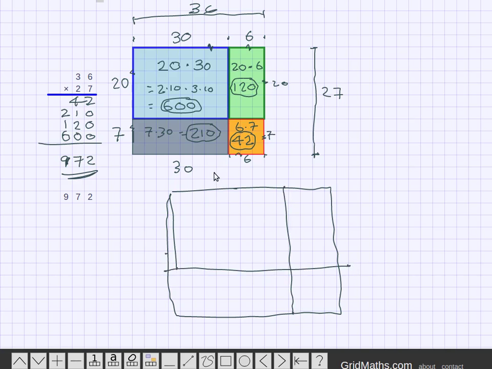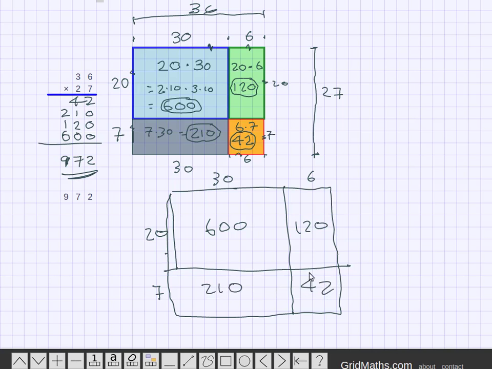I would go 30, 6, 20, 7, okay, atrocious writing, 20 times 30 is 600, 20 times 6 is 120, 7 3s are 21, so that's 210, 7 6s are 42, boom.